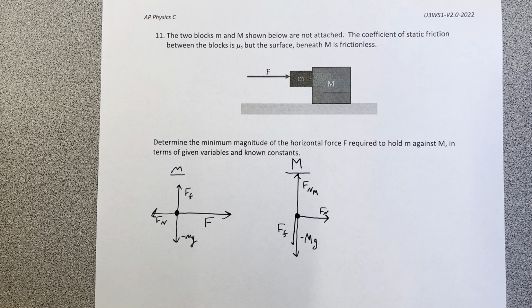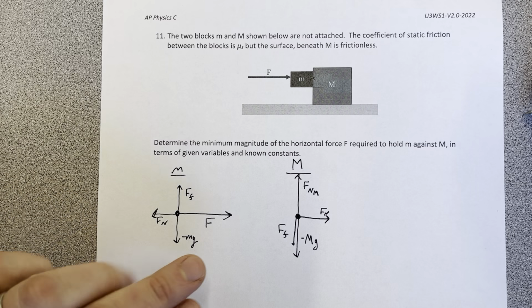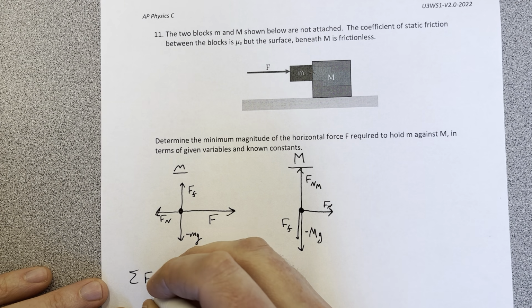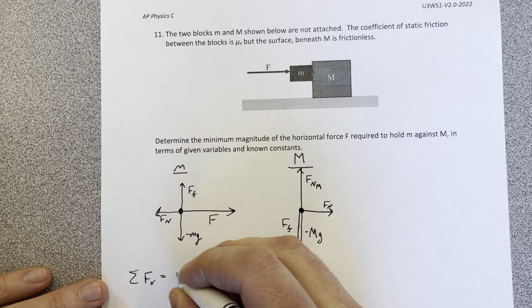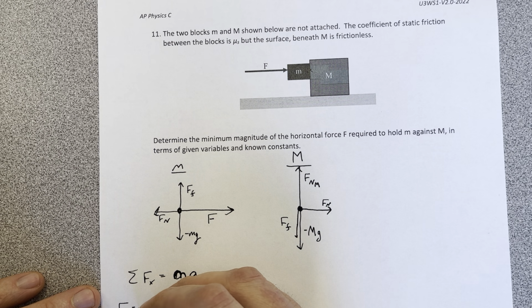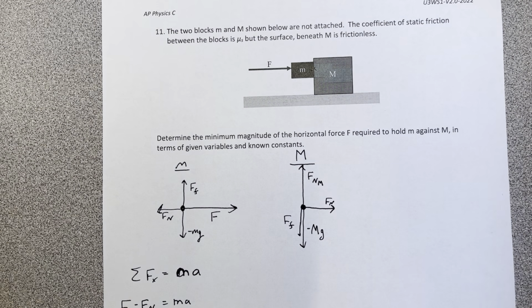All right, so I still am not entirely certain what to do here, right? So let's say I'm trying to find F, so I probably should do the sum of the forces in the x direction here for little m equals little m times a. So F minus Fn equals little m a. Obviously they're going to have the same acceleration.